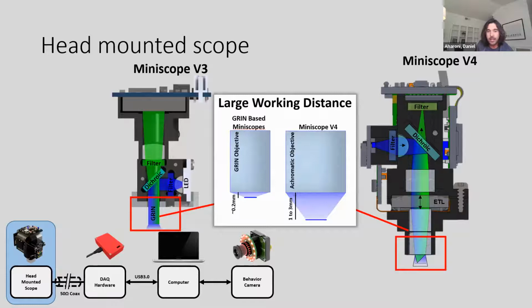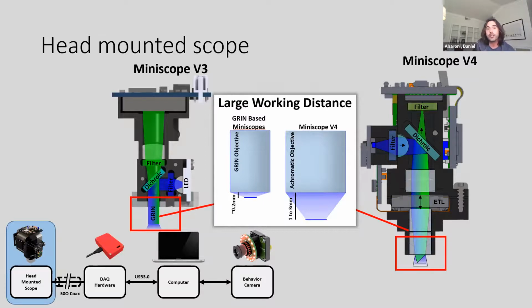Because we've changed the objective side of the miniature microscope from a past generation to our newer one, what this has given us, along with more flexibility and better efficiency of collecting light, is we were able to push the working distance, where the focal plane sits below the bottom of the miniscope, further. So previous generations and most other open source and commercial miniature microscopes still rely on this GRIN lens objective.